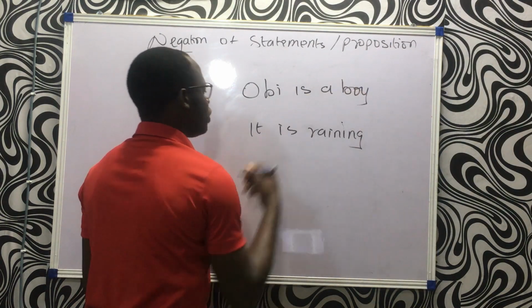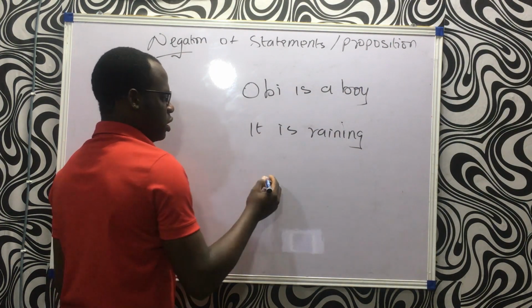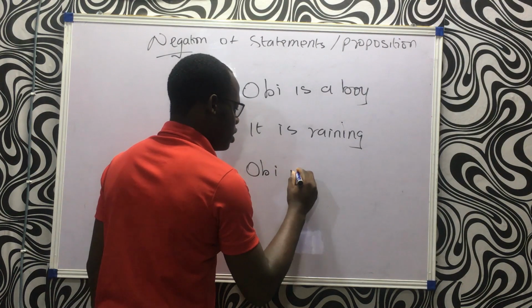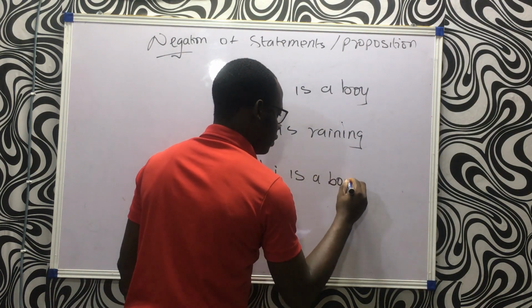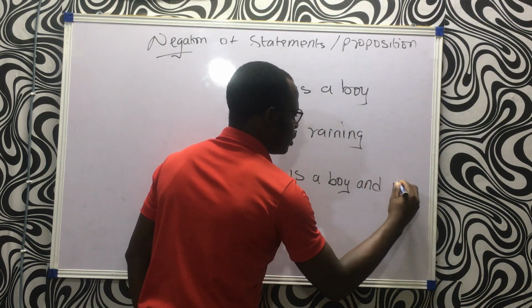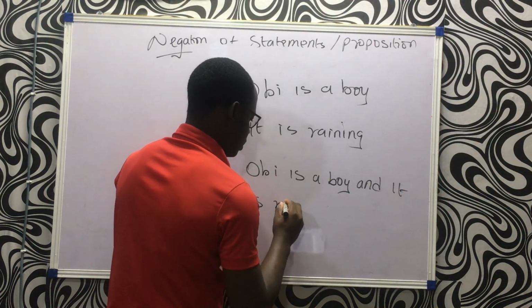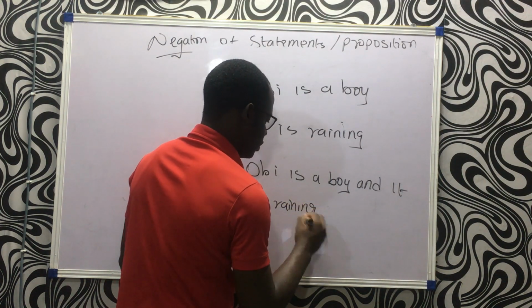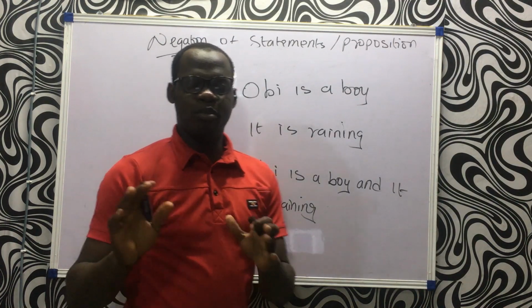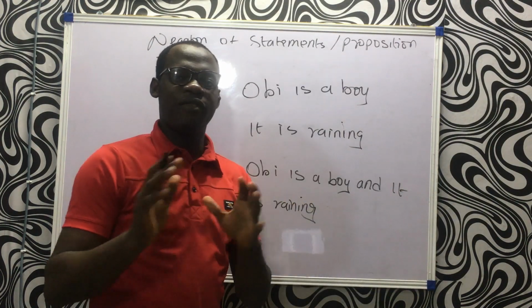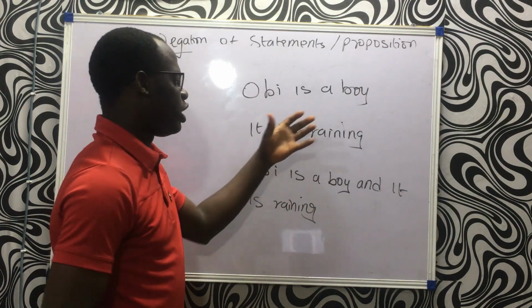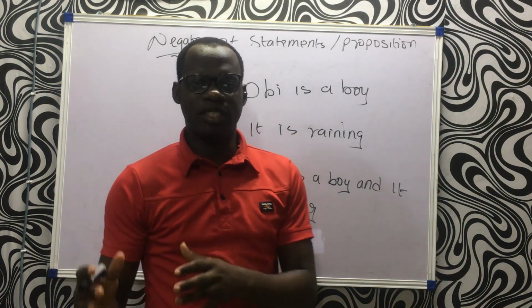Now, if we are to join this together, it's going to be Obi is a boy and it is raining. That is propositional logic. There are different symbols which are used to denote what to do at a particular time.